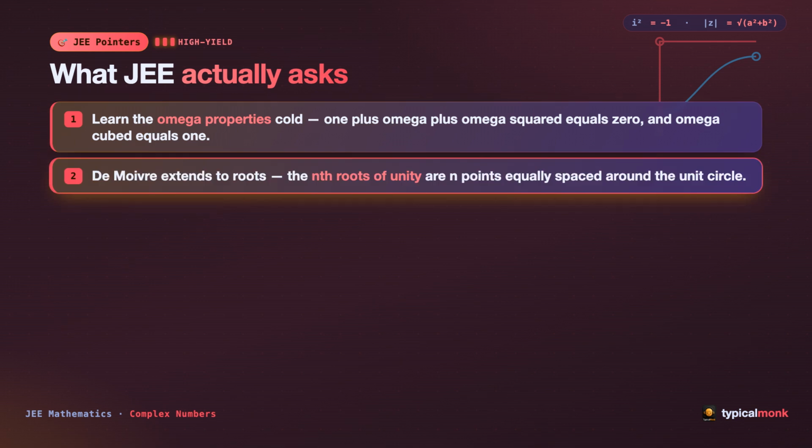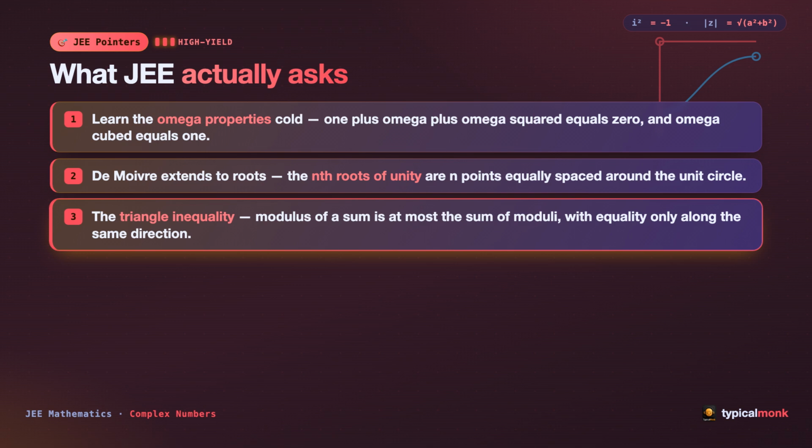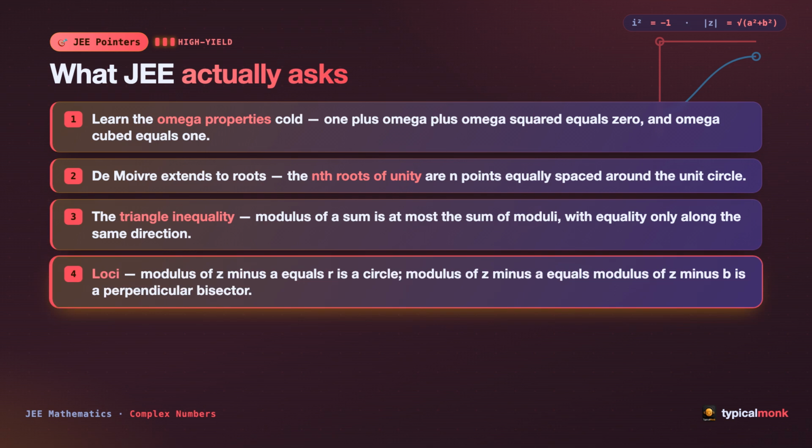2. De Moivre's theorem extends naturally to roots. The nth roots of unity are simply endpoints, equally spaced around the unit circle. 3. The triangle inequality. The modulus of a sum is at most the sum of the moduli, with equality only when the two complex numbers point in exactly the same direction. 4.